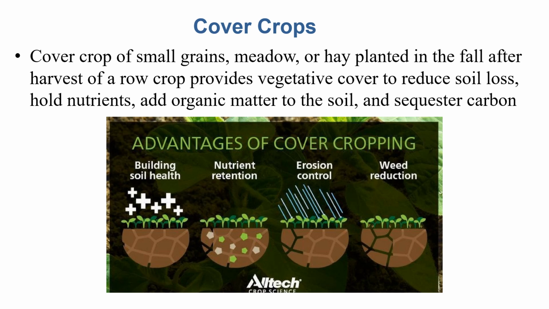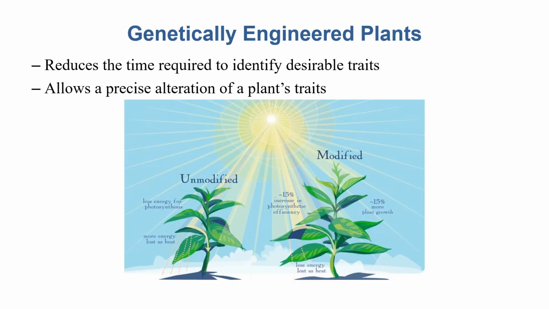If the soil is no longer planted with plants, the nutrients will be wasted. They get leached to the bottom and mineralized, and so the nutrients can no longer be used. So these cover crops provide vegetative cover, and the nutrients are held in the soil. After the cover crops are used, they add organic matter to the soil. And it also prevents erosion, so it controls erosion.